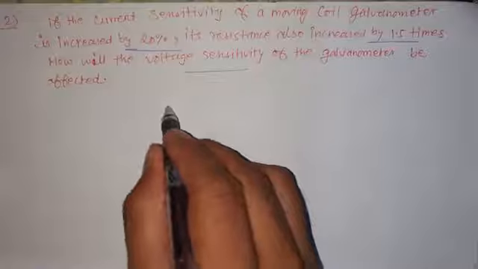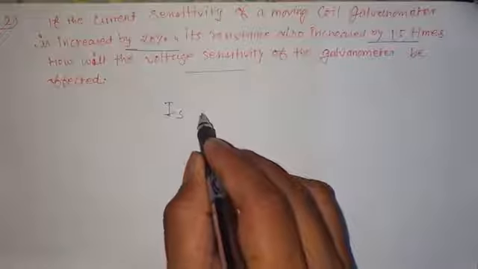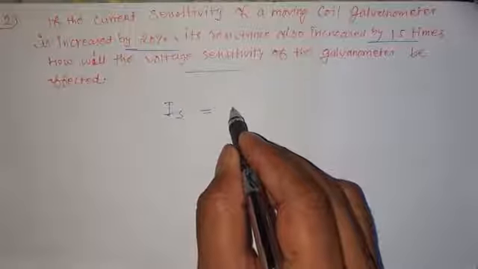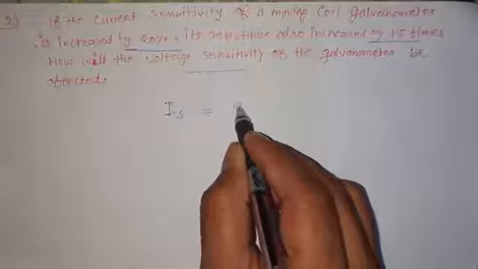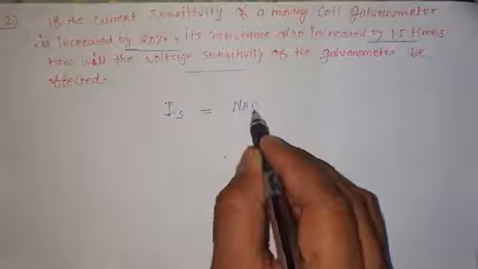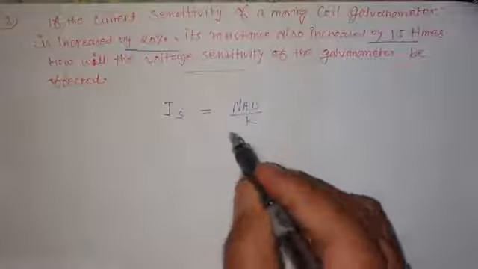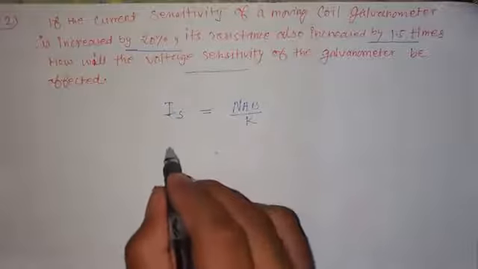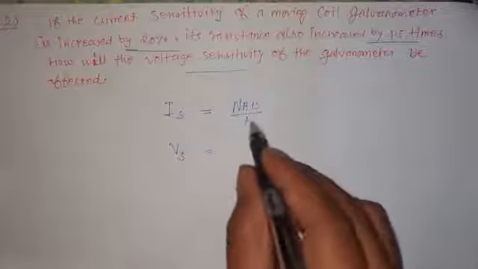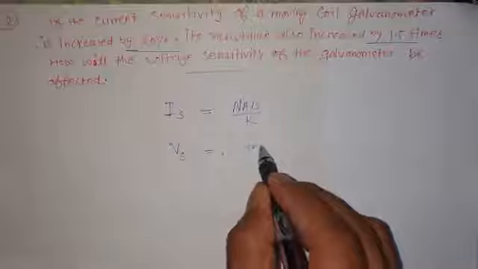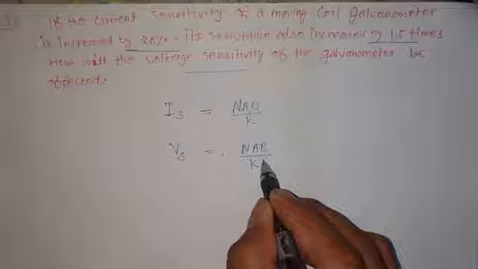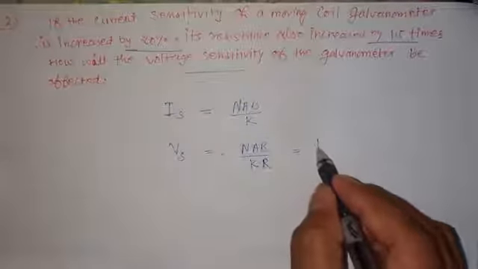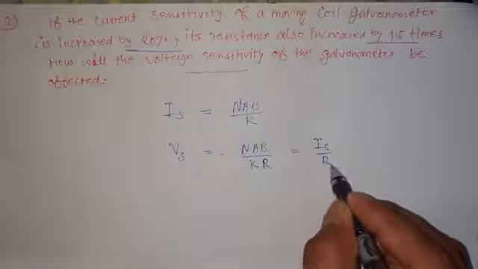We should remember that current sensitivity is given by Is, and the short formula told to you is नवाबों का शहर, NAB upon K. And the voltage sensitivity is given as नवाब का शहर multiplied with the R. Therefore it is also written as Is by R.